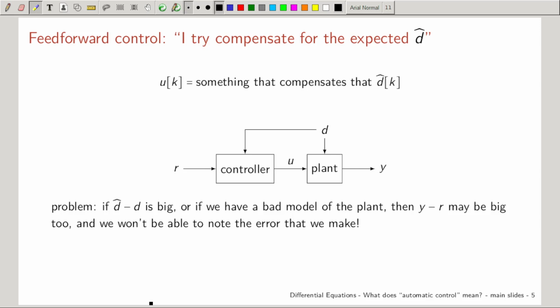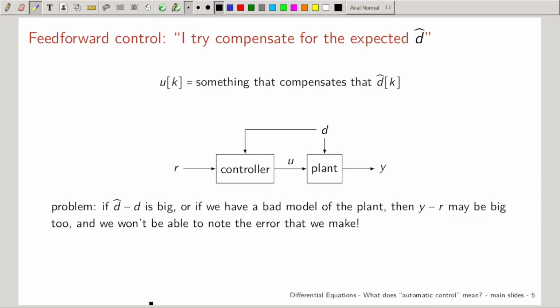True? Another problem: if my ODE is a bad forecaster, if my ODE tells me that increasing my pedal angle by 1% is going to compensate, but actually I need 5% more to compensate.